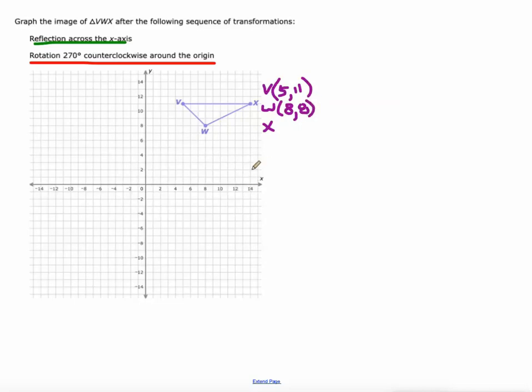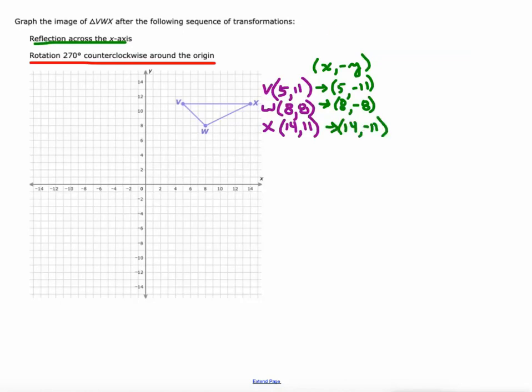And X is at 14, 11. So what are our rules here? What about our reflection across the x-axis? We just used that one. It's (x, -y). So our new points are going to be 5, -11, 8, -8, and 14, -11.